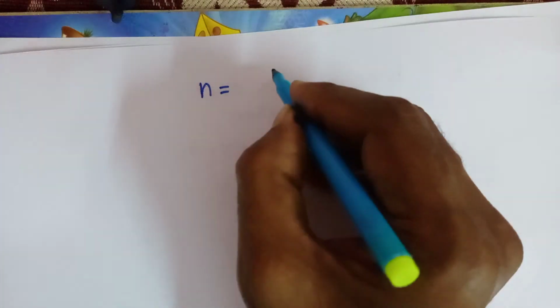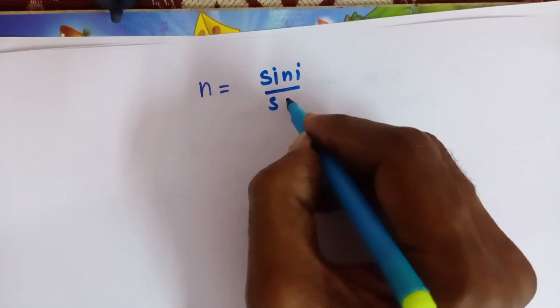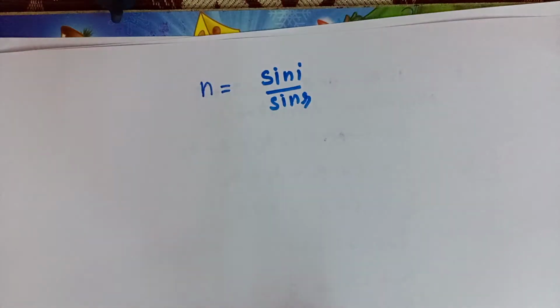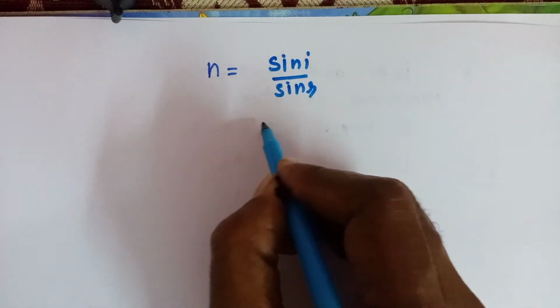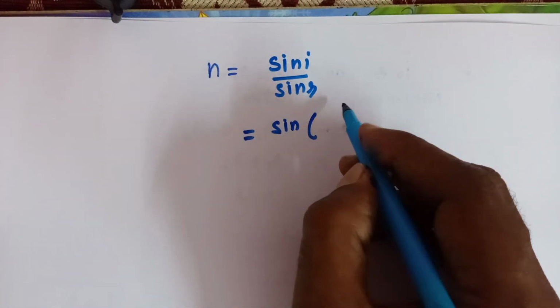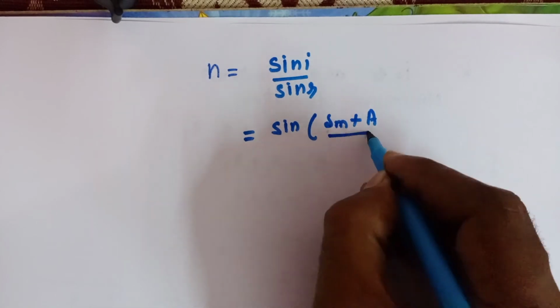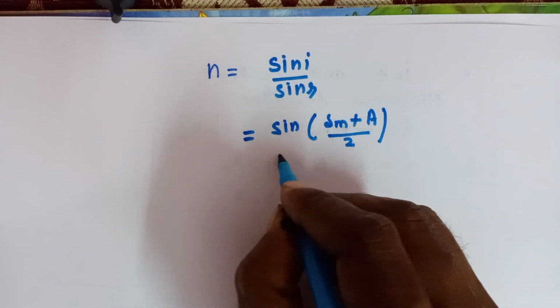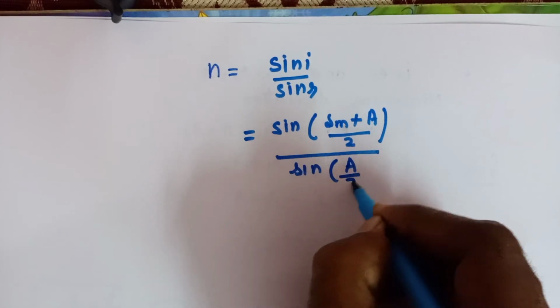N equals sine I by sine R. We have calculated I equals sine of delta M plus A by 2, and sine R is sine A by 2.